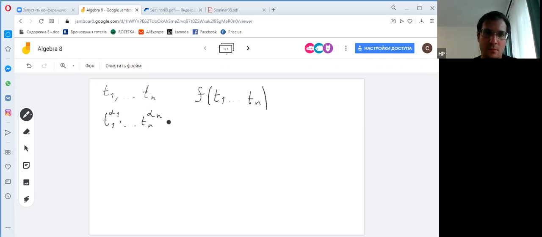Let me denote this monomial as, for example, L. We have another monomial, t1 to the power beta 1, and so on, tn to the power beta n. Let it be the monomial S. I want to say whether L is bigger than S, or S is bigger than L, or they are equal.